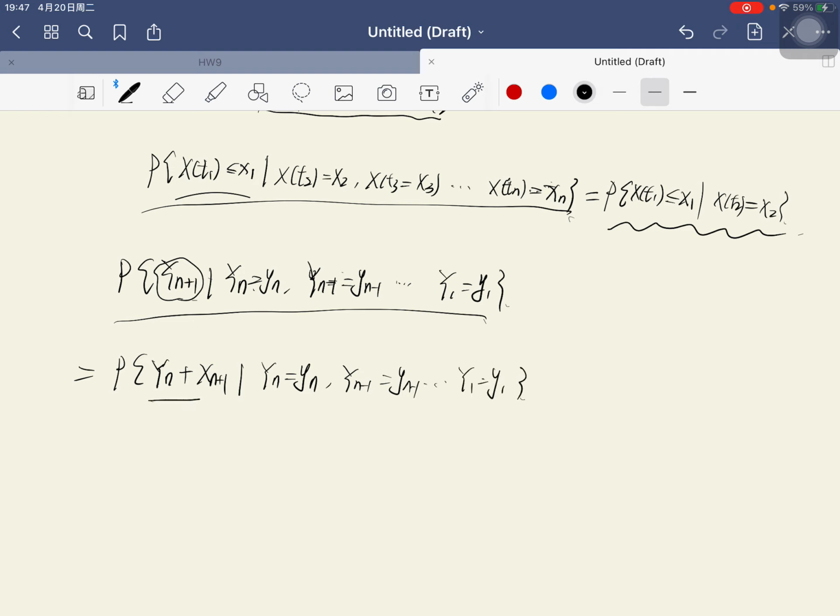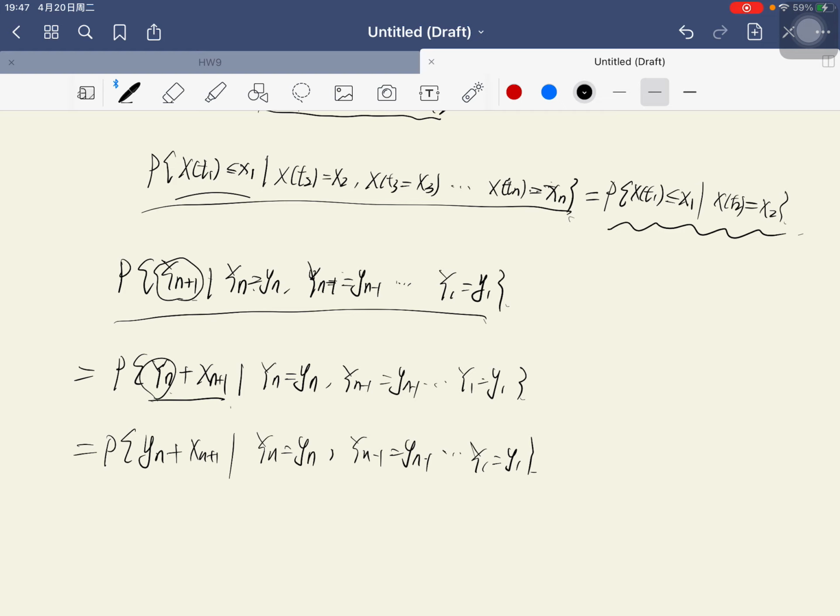For this, we could set it equal to the probability of small yn plus X(n+1) in the condition that Yn equals small yn, and so on.